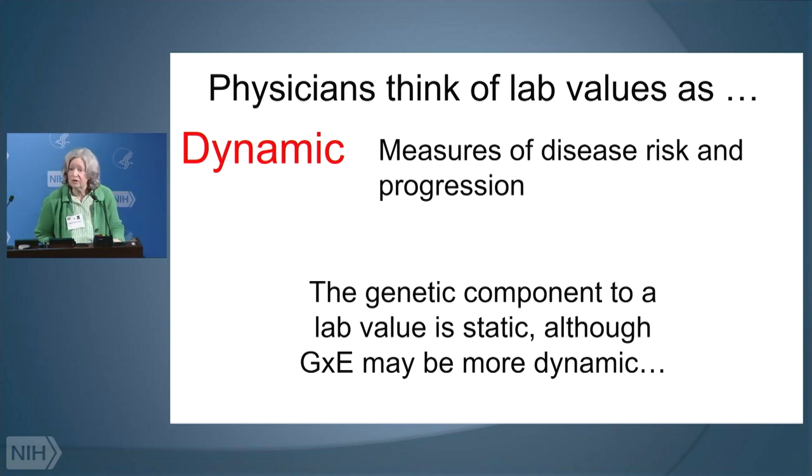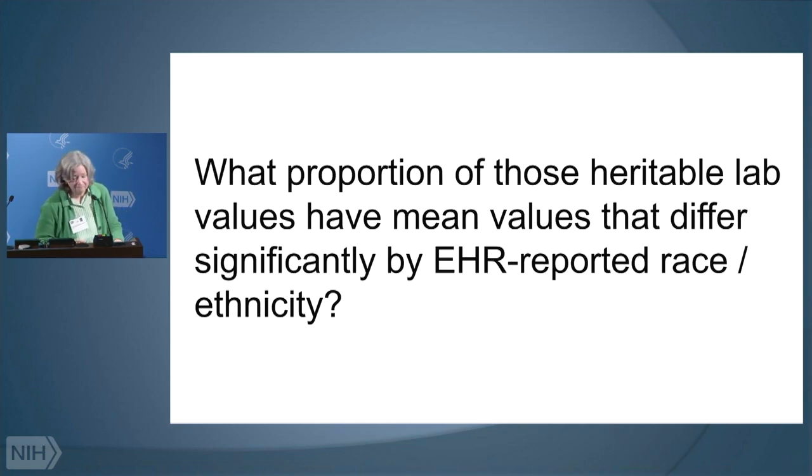They may be at stage 4 kidney disease. They may be perfectly healthy. Creatinine is 60% heritable, and only a fraction of that heritability has anything to do with kidney function, as I'll show you in a minute.